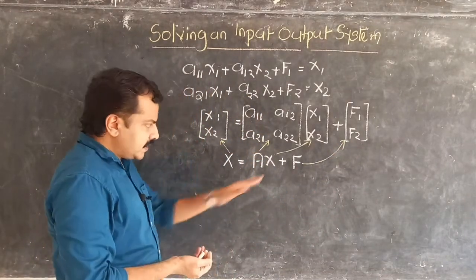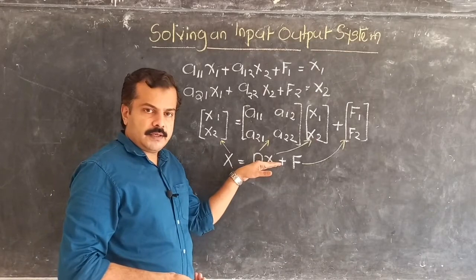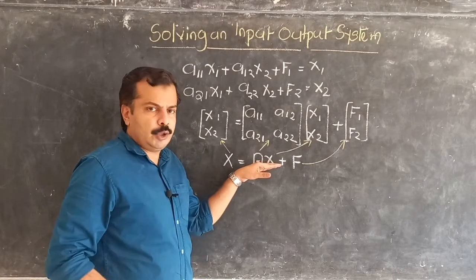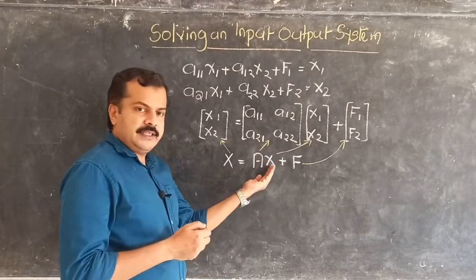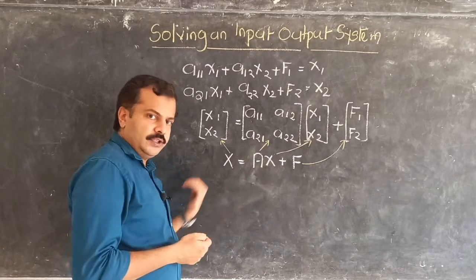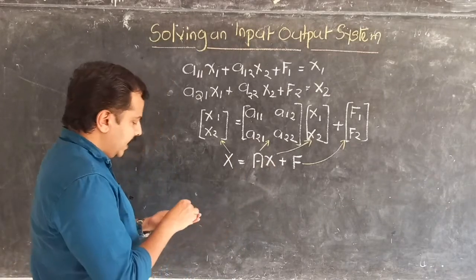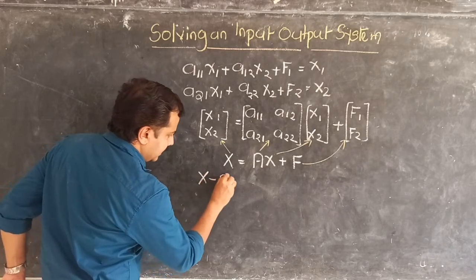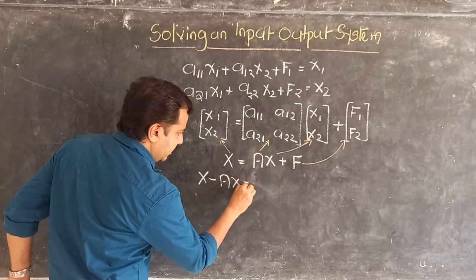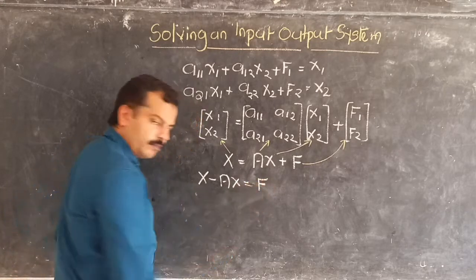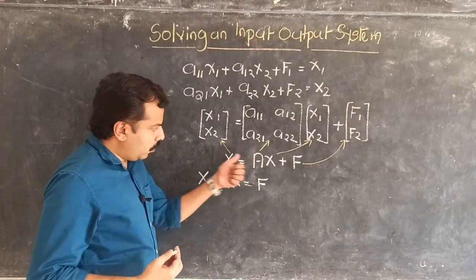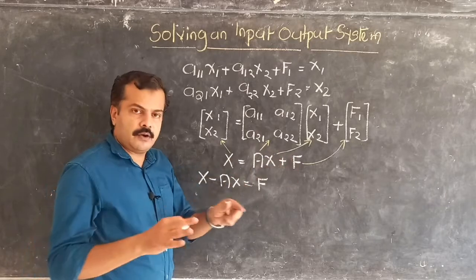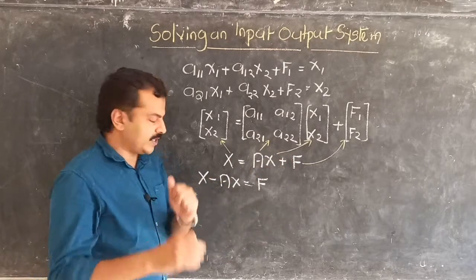Now let me rearrange this equation. I will move the AX to the left hand side, and my equation will be X minus AX equals F. We are using capital letters to denote either a matrix or a vector.